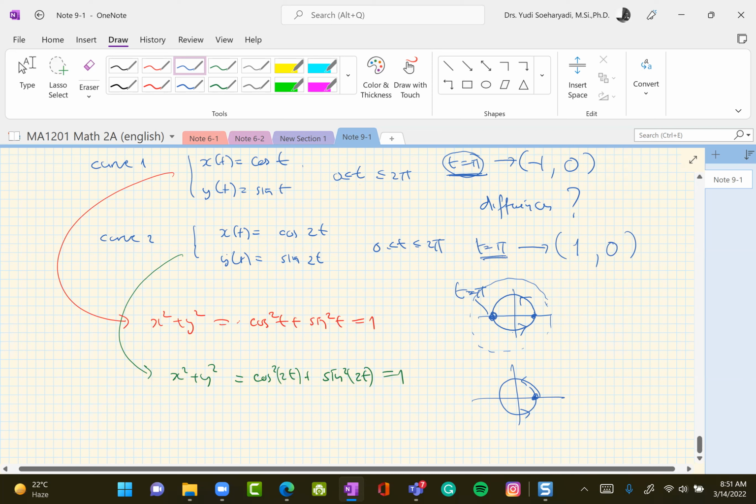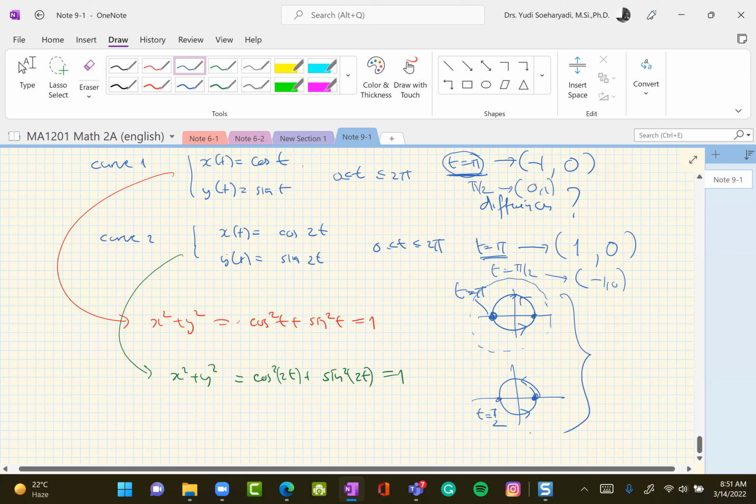Again, you are here. And if you plug in, for example, t equals pi over 2, you get here 0, 1. But here you get pi over 2, pi, which is negative 1, 0 here. Meaning here. So what's the difference?